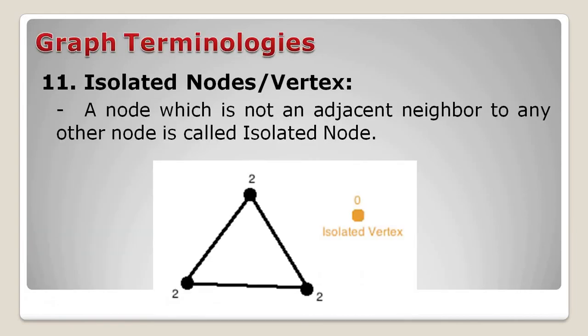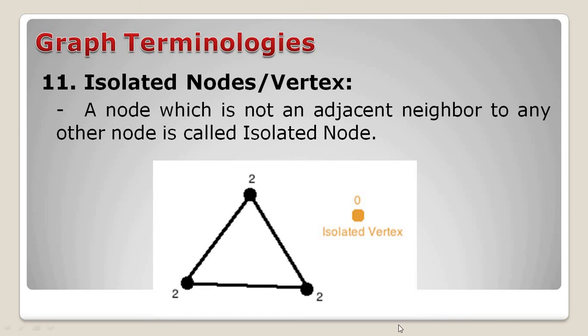The next terminology we are going to learn is the isolated node, or isolated vertex. A node which is not an adjacent neighbor to any other node is called an isolated node.